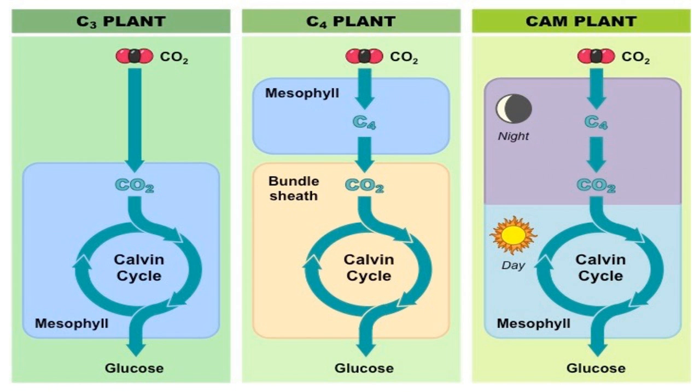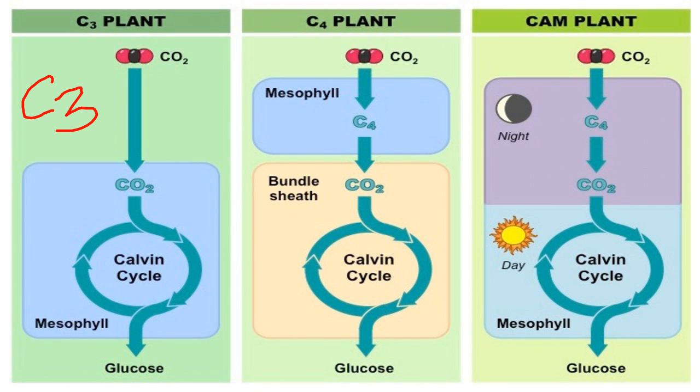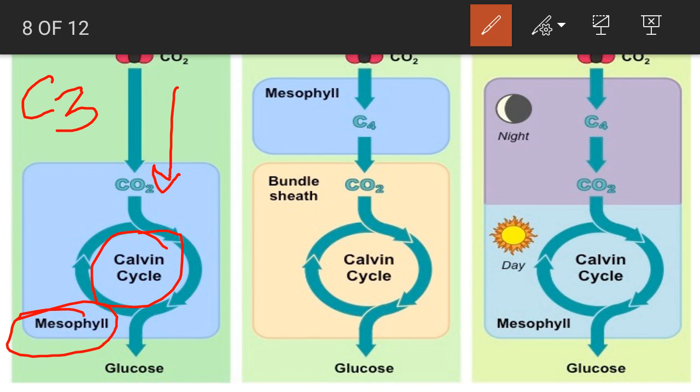As you can see here, this is the general C3 pathway, in which carbon dioxide enters the plant body in the leaf via stomata, and this carbon dioxide gets fixed in the Calvin cycle in the chloroplast of mesophyll cells.